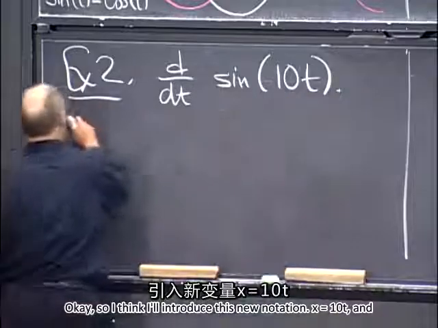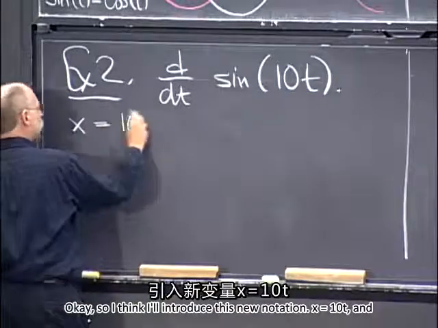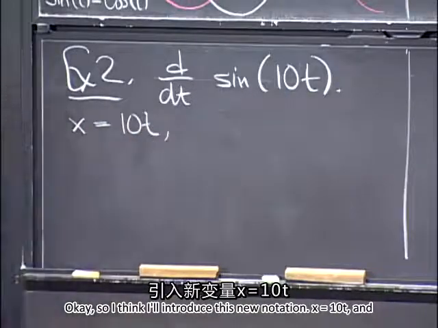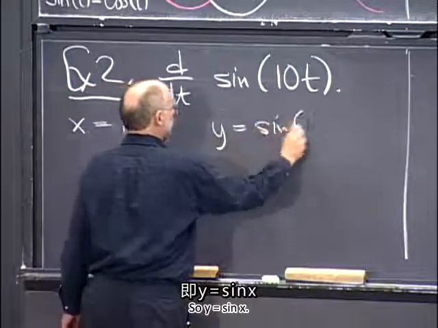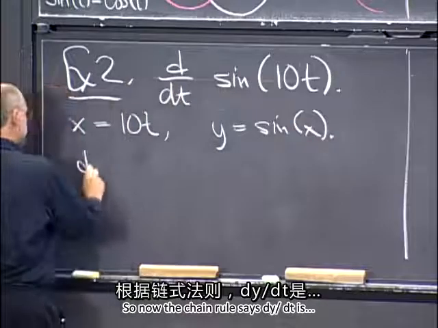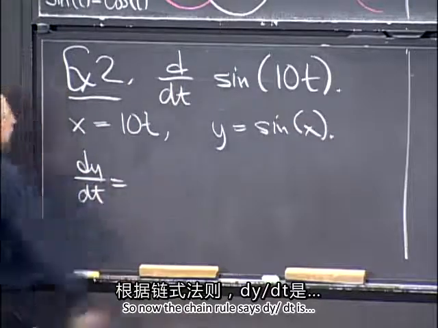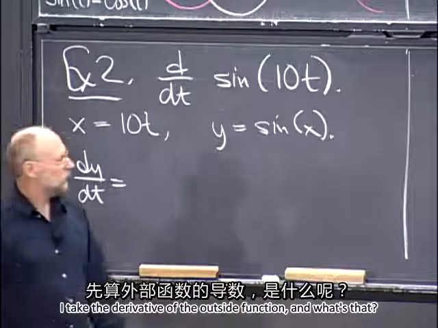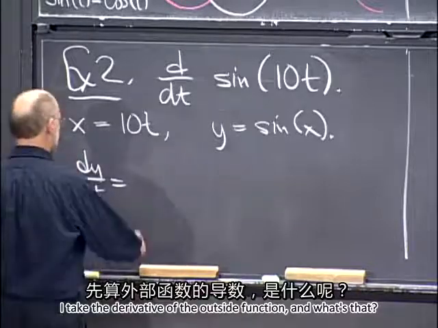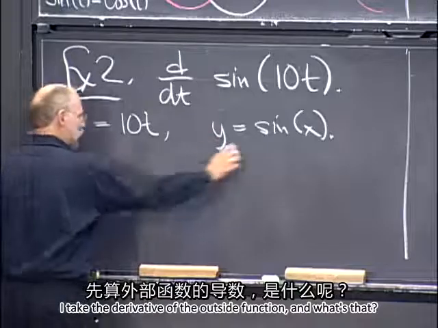Okay, so I think I'll introduce this new notation. x is 10t, and the outside function is the sine. So y is the sine of x. So now the chain rule says dy dt is, let's see, I take the derivative of the outside function, and what's that?